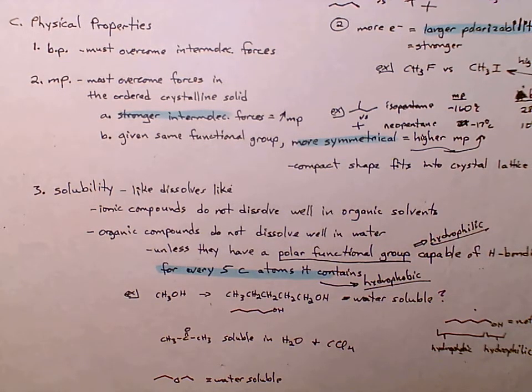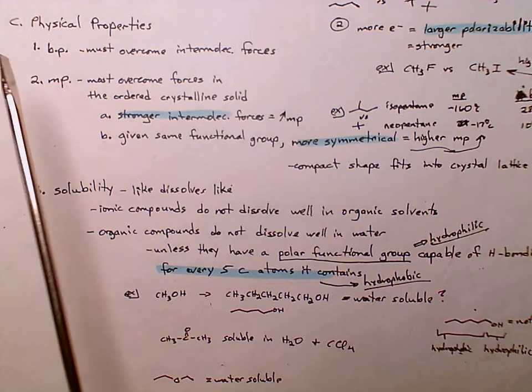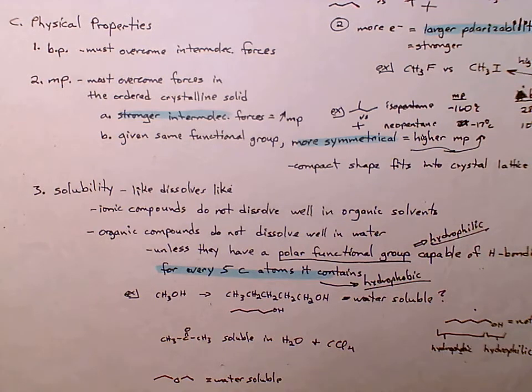However, if we raise the temperature enough, we can get this substance to boil. This liquid will boil, which means the two molecules that are close to each other are now going to be pulled far away from each other, which means we have broken the intermolecular forces. Boiling point is a great way to look at how strong intermolecular forces are.